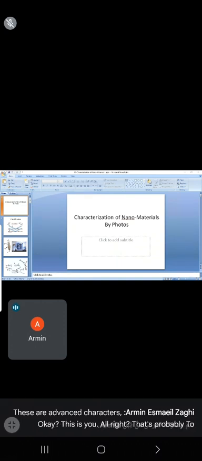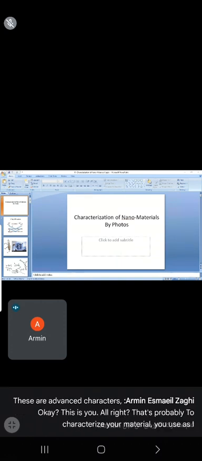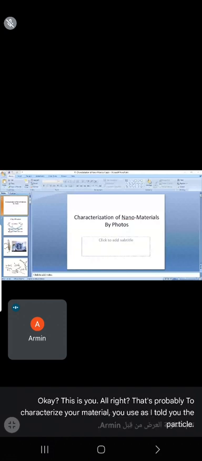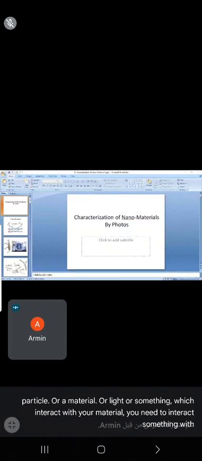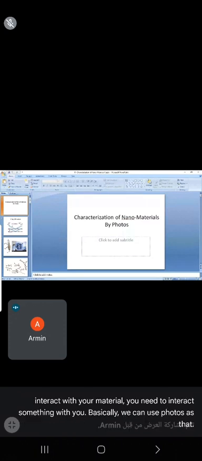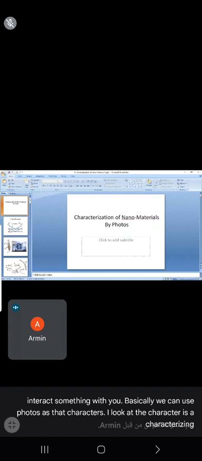To characterize your material, as I told you, you use a particle or a material or light, something which interacts with your material. Basically, we can use photons as that characterizing tool.